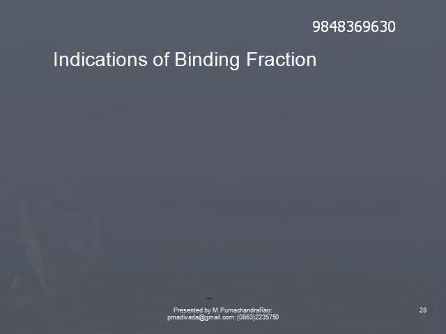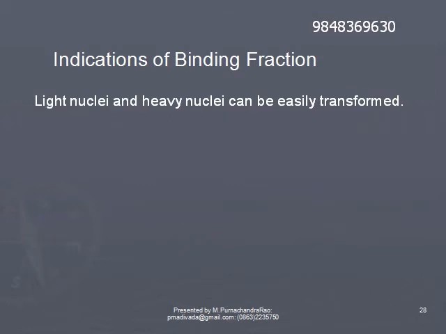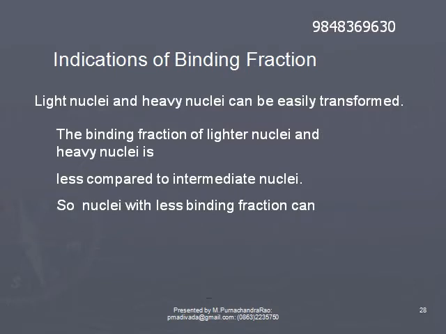On the basis of the relative values of binding fraction for different elements, we can draw the following conclusions. Light nuclei and heavy nuclei can be transformed very easily. We notice that the binding fraction of lighter nuclei and heavy nuclei is far less compared to intermediate nuclei like iron.